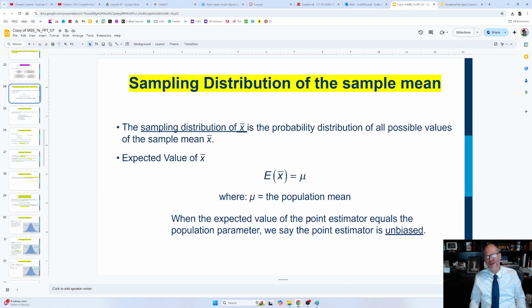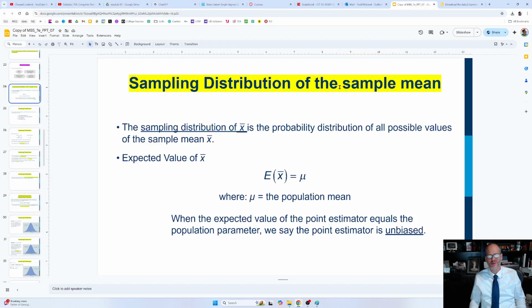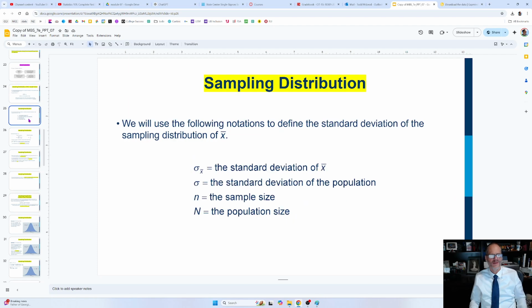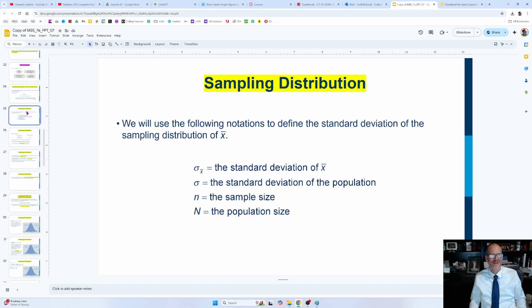When the expected value of the point estimator, the point estimator being our sample mean, equals the population parameter, so we use parameter to talk about the characteristic of interest in the population, we say the point estimator is unbiased. Of course it's unbiased. The sample matched the population, so it worked.